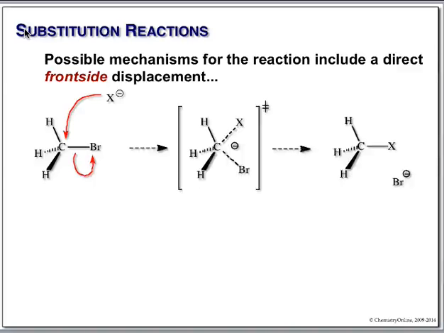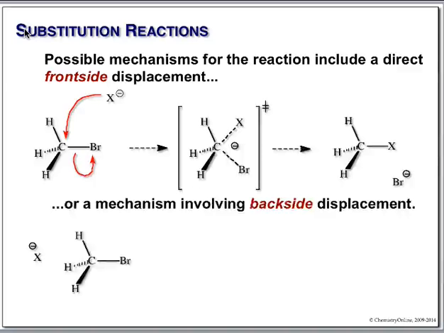Again, in the transition state, we have both our original electrophile, that's this guy. Here's our nucleophile. Our bond is being made and broken at the same time. So that's one possible mechanism. The second mechanism is a backside displacement.